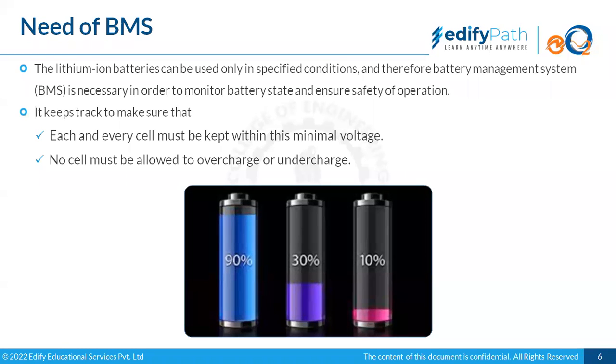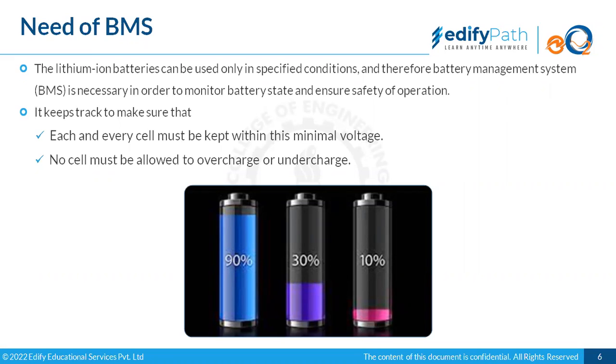So who would assure that these cells perform uniformly, charge uniformly, and discharge uniformly? There has to be some master monitoring all these conditions. The master of all these cells is the BMS, the battery management system.